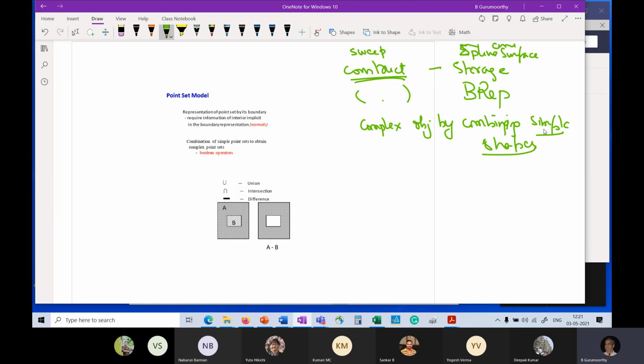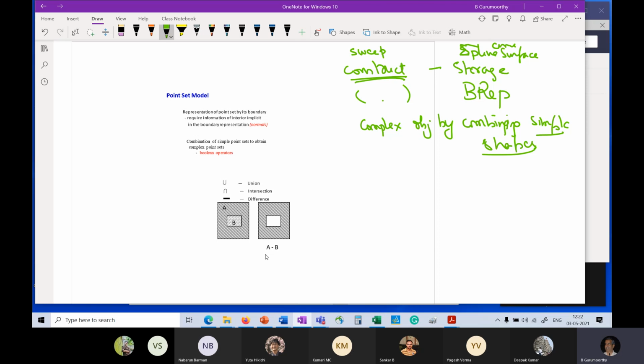And so the idea then is that my simple shape, I have some point set information, a boundary representation, for example, and I combine them to get a complex shape. So for example, here in 2D, we have shown two rectangles as two different point sets. The hatched one will obviously be behind the B as well, but B is overlaid on this.